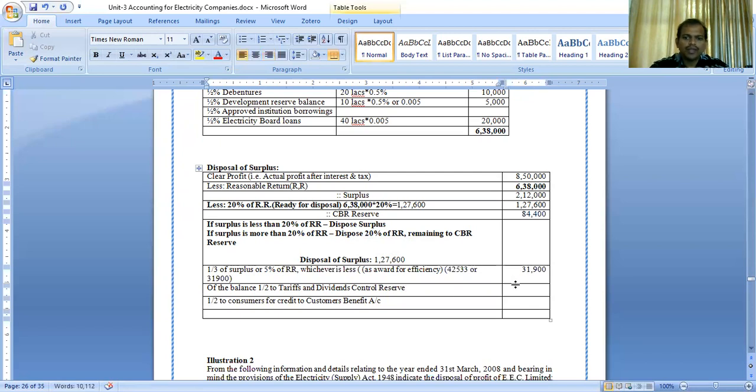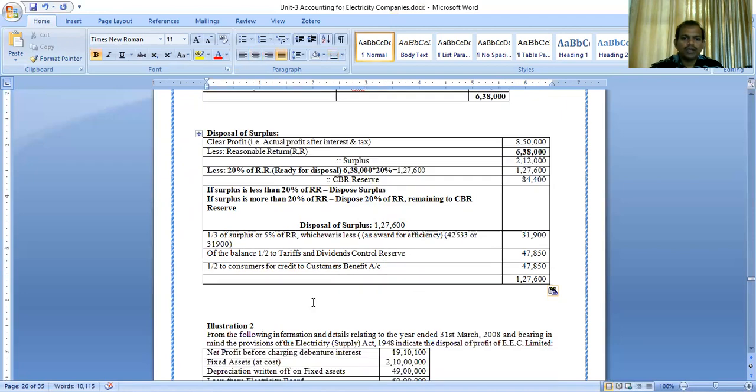And in the remaining portion, whatever is left over, half should be transferred to tariff and dividend control, and the other half you have to credit to the customer's benefit account. So half of the remaining portion is 47,850 and 47,850. So it is nothing but 1,27,600. So this is how we have to dispose of the surplus.